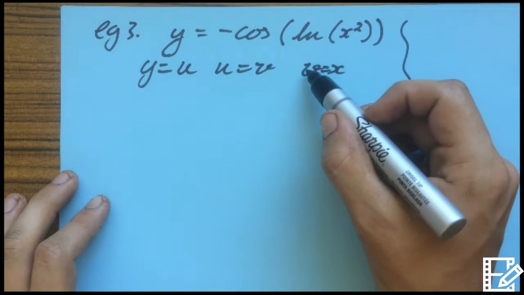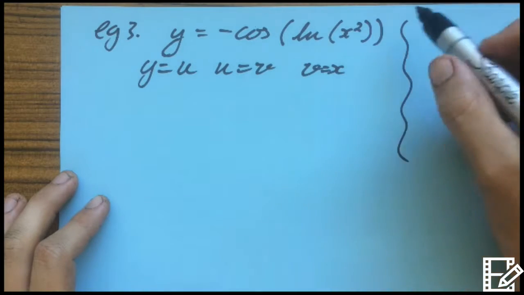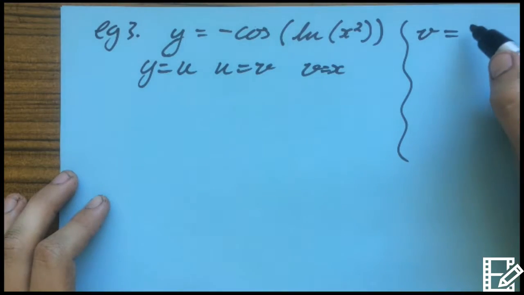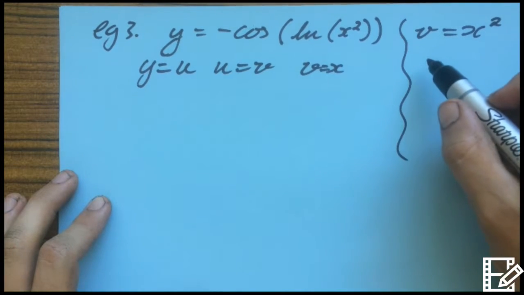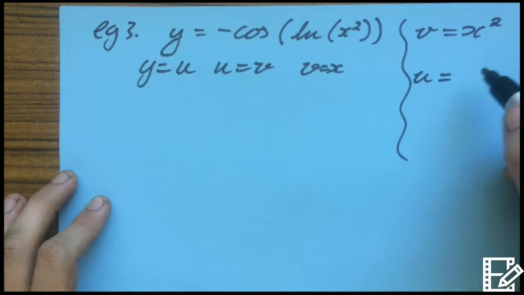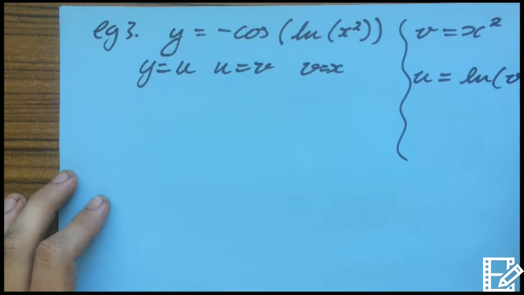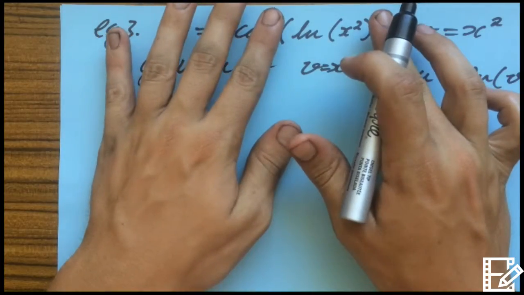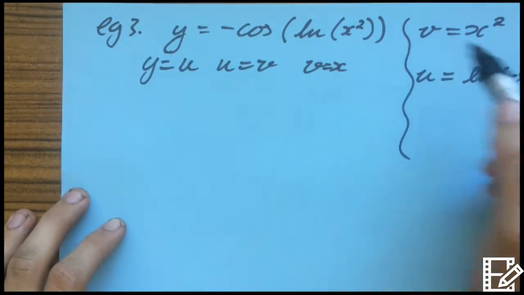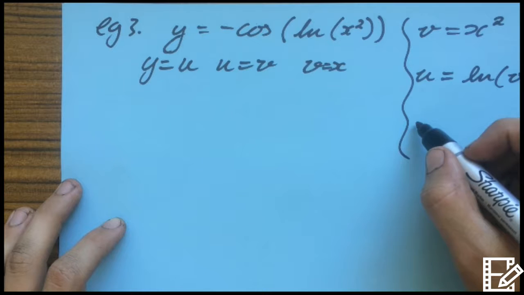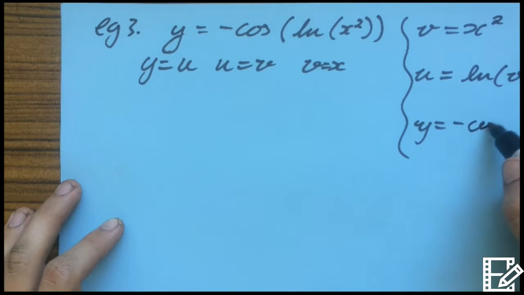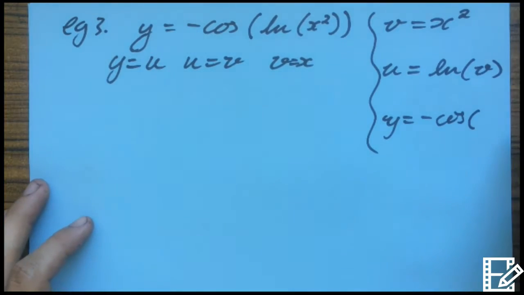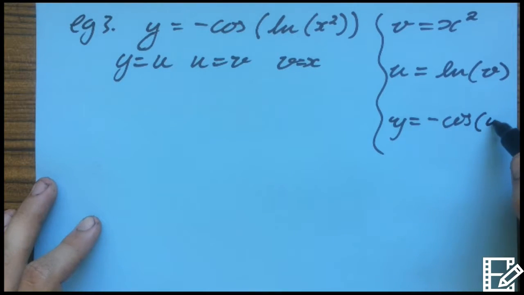So the innermost function will be v. v we'll make equal to x squared. We'll make u equal to ln v, because that's the second innermost function, and v has been labelled as x squared. And y will be labelled as negative cosine of u.